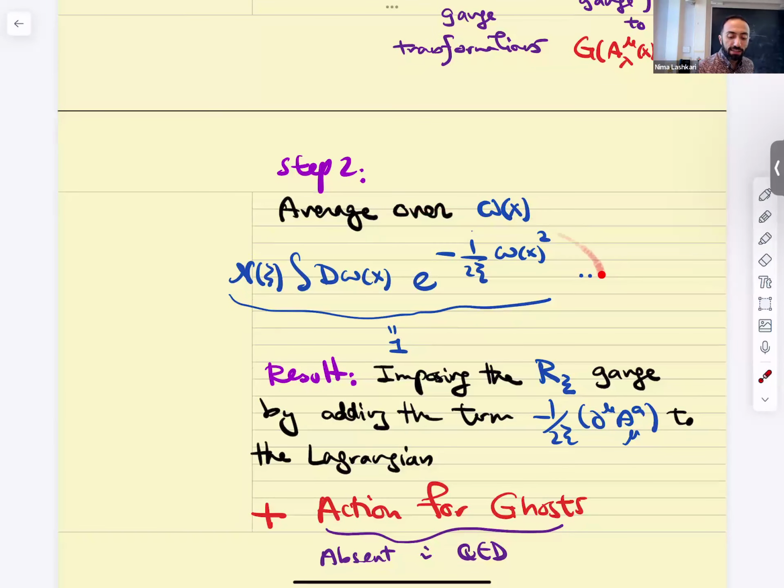Now, I plug this in as an integral, as you just said. Now, I do a bunch of manipulations, and I perform the path integral over omega of A. What happens? This C that I put in here turns into R_ξ gauge. We'll see this, okay? So this path integral will impose the R_ξ gauge.